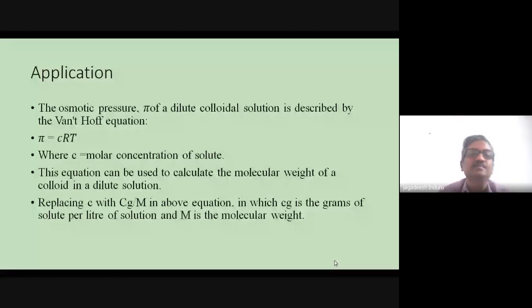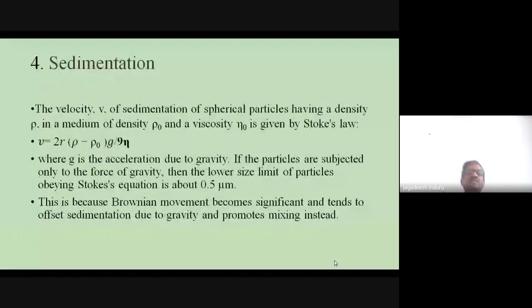Another one is the sedimentation. In this we have got the Stokes equation, which is applicable to the sedimentation of a particle and its rate of falling. It is against the Brownian motion, because Brownian motion is against your gravity, that is acceleration due to gravity.